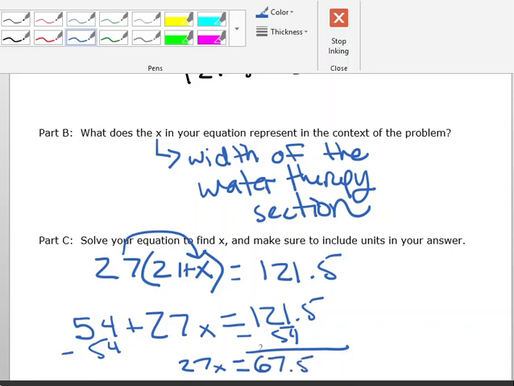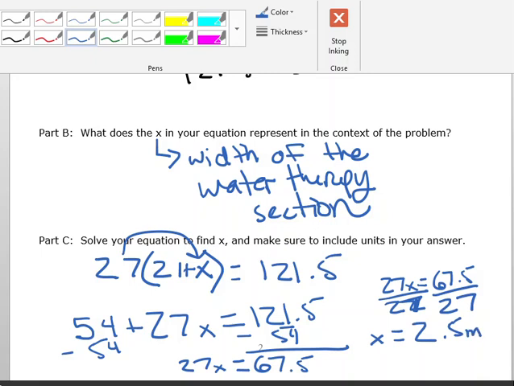27x is equal to 67.5. So I'm going to divide both sides by 27, and I'm going to come up with x is equal to 2.5 meters.